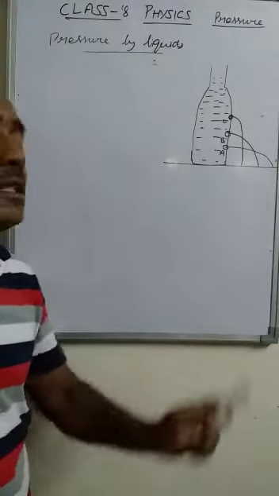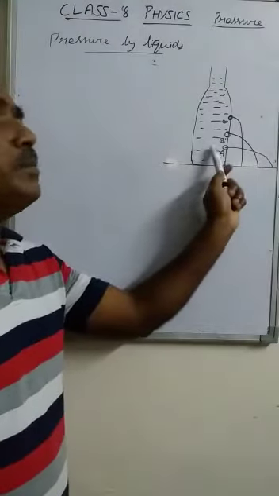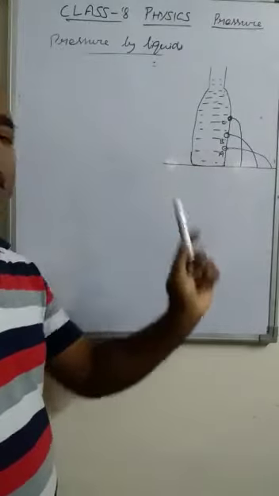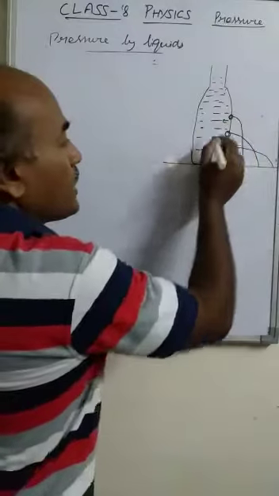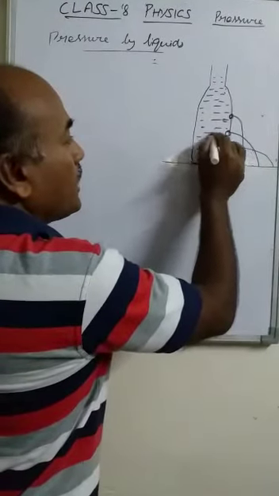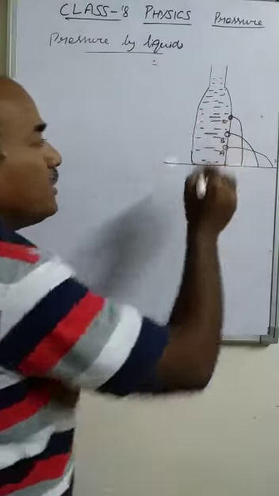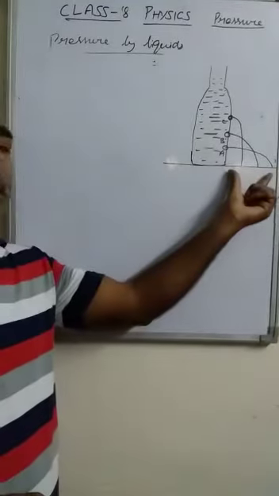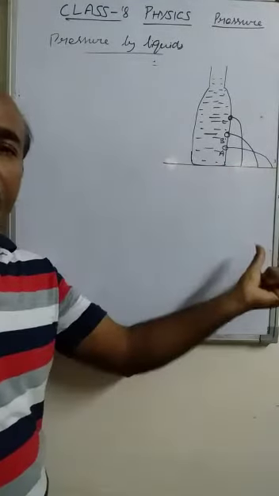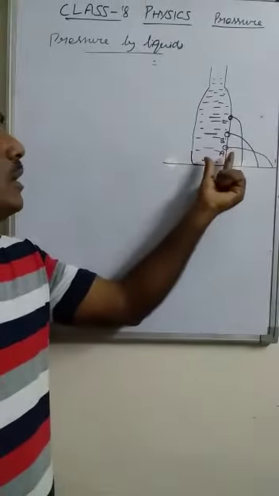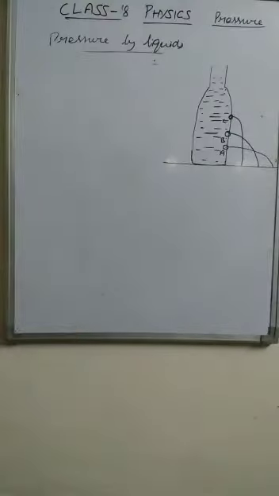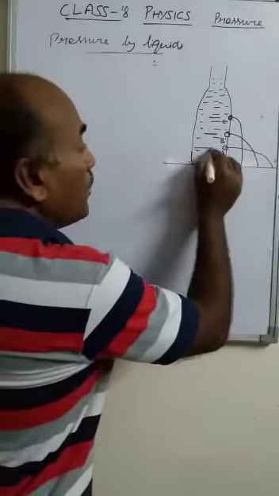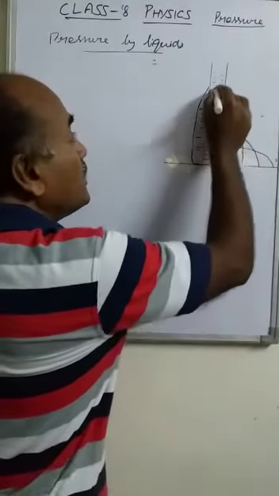It is because the pressure at this hole, at this point, is greatest. So pressure at the point A, pressure at the point B, pressure at the point C. From the distance covered, we can say the pressure at the point A is greater. It is because above the point A, the water column is this much.